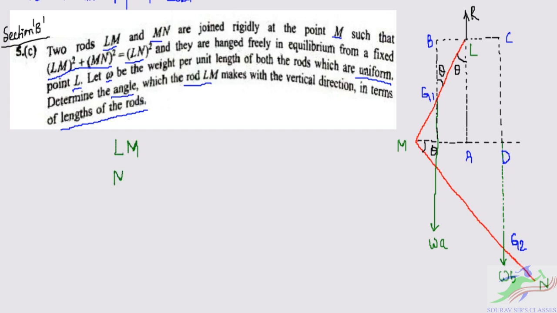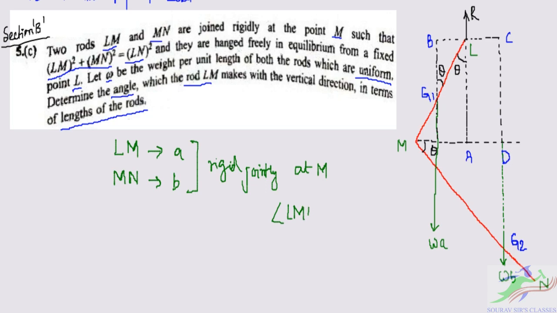The length of LM is A and the length of MN is B, and they are rigidly joined at M, so that the angle LMN is equal to 90 degrees. Let the rods hang freely in equilibrium from the fixed point L.